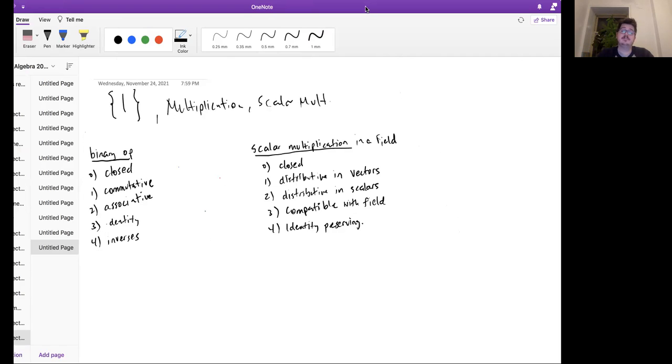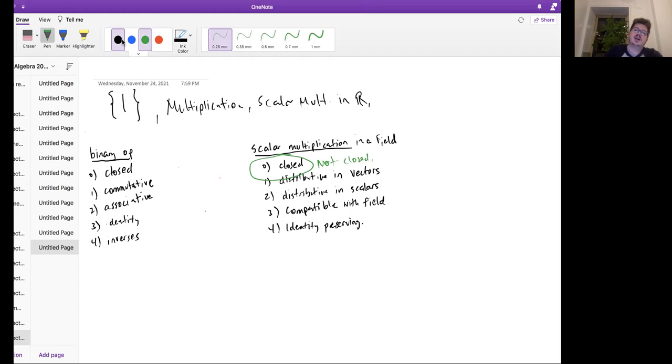It's a multiplicative identity. There's only one thing in there, right? Closed in which? Closed for scalar, yeah. 2 times 1 is 2, not in the set, you're done.